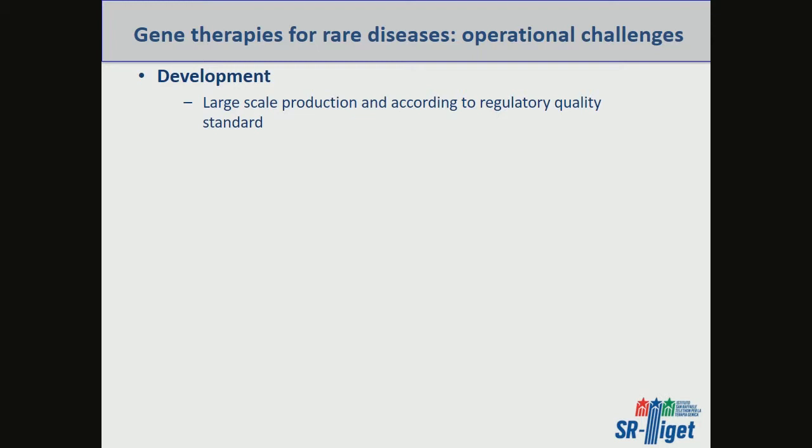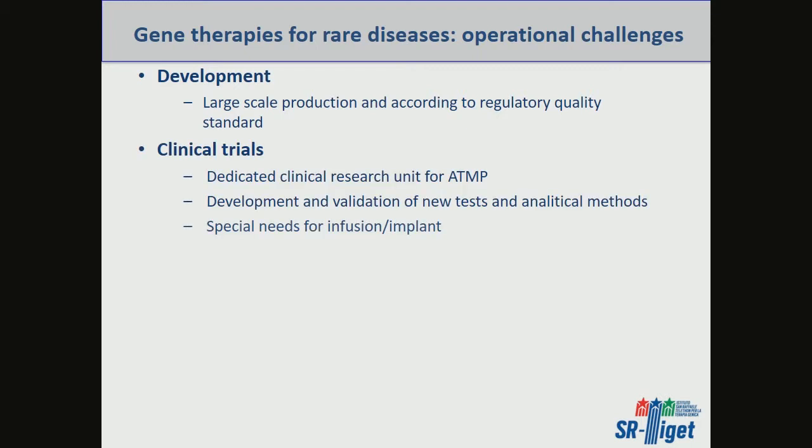There are also a lot of issues that needed to be solved related to large-scale production. Initially the experiments were made on a small number of cells. If we need to manipulate millions or billions of cells, we need to upscale everything, including the quality controls, because these medicinal products require quality controls typical of any other drug, with specifications that are important for the specific product.